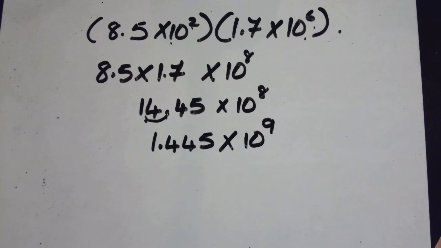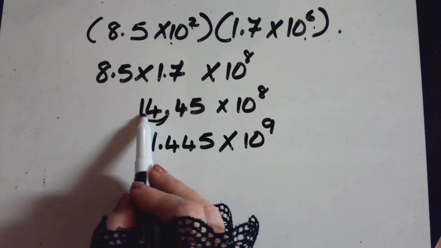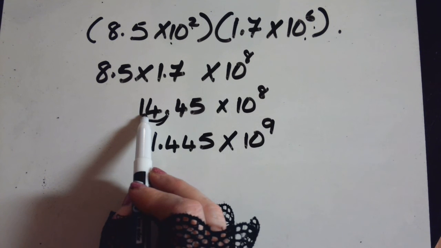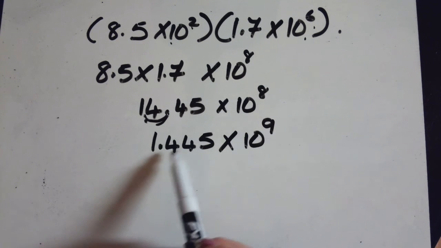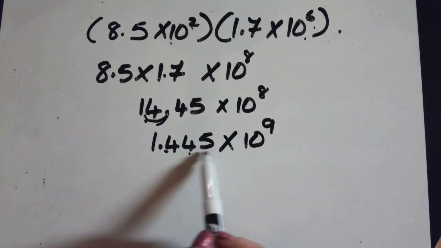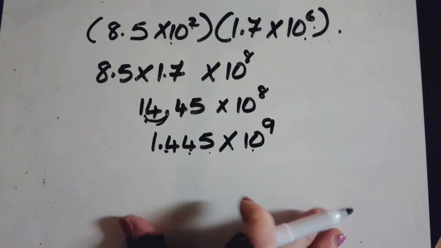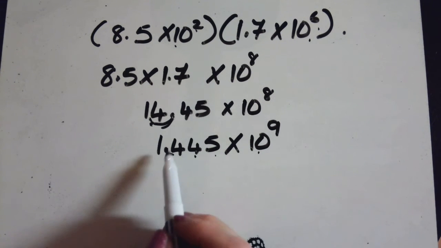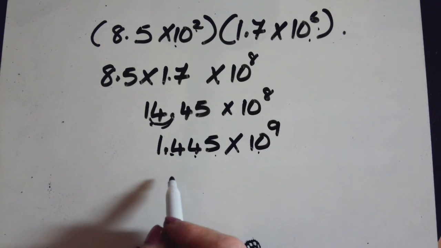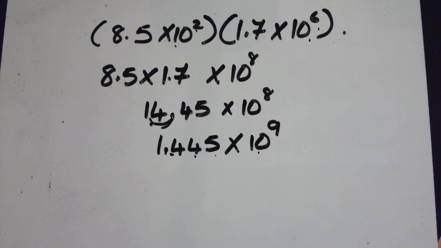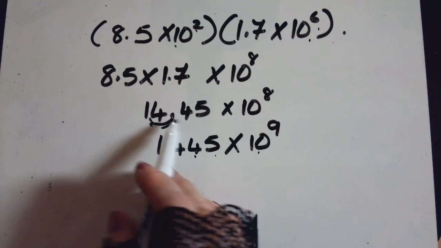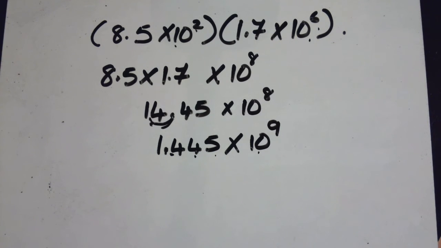So think about it as moving and making it a larger number. So it's now 1.445 times 10 to the 9th. You have to remember to do that. It has to be in the correct decimal place, greater than 1, less than 10. So 14.45 isn't right. We have to move it over. And there you go.